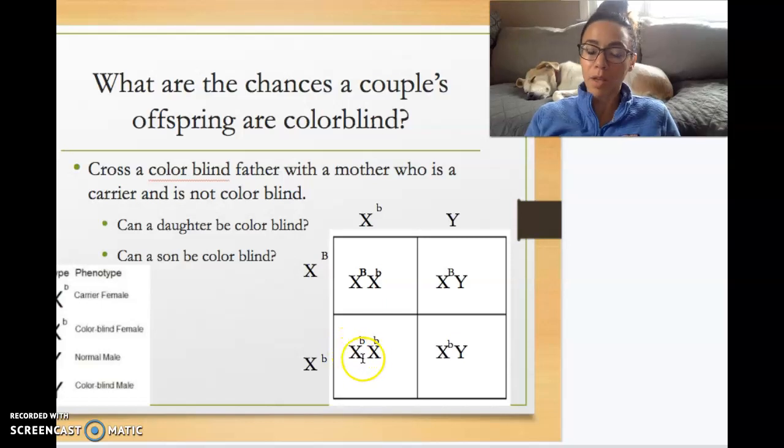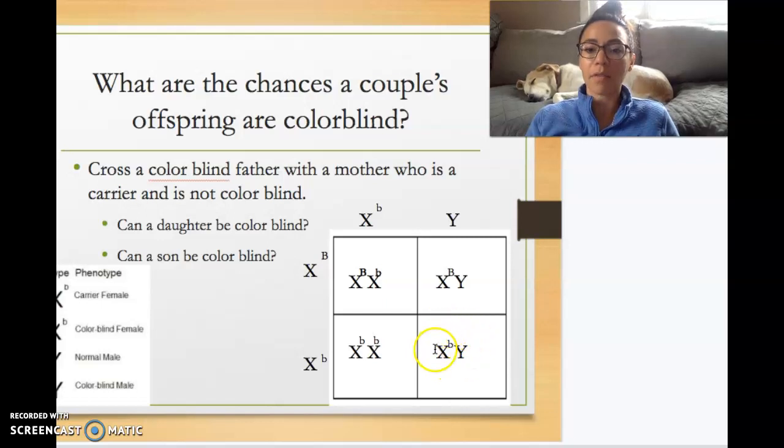These ones would be colorblind because they have two lowercase b's. So this couple has a 50% chance of having a daughter that's colorblind. Same for the boys. Only this box represents boys that will have the recessive allele for colorblindness. So 50% of the boys would also be colorblind in this example.